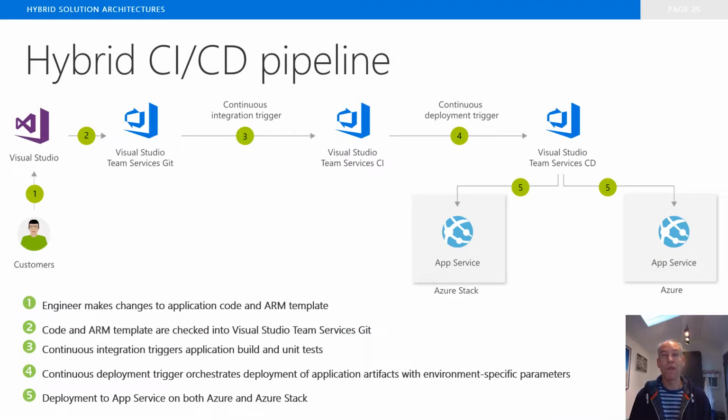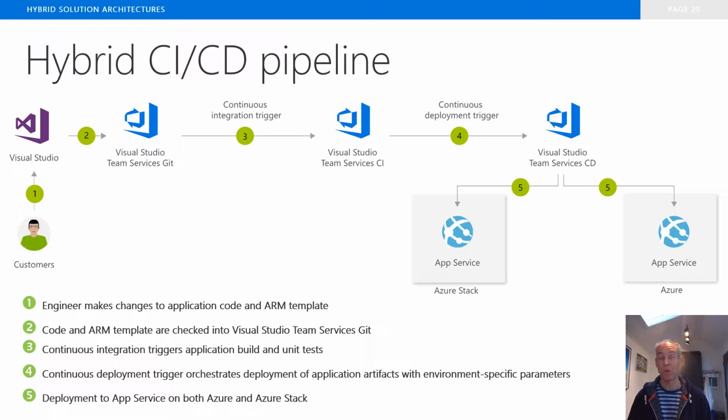And the third foundational pattern here is a hybrid continuous integration and continuous deployment pipeline. This is what most people in IT will be familiar with now as a way to rapidly build, deploy, test, and automate applications. In the cases that are documented for this one, we use Visual Studio as the source. So the application developers will be using Visual Studio. They'll have some sort of repository.